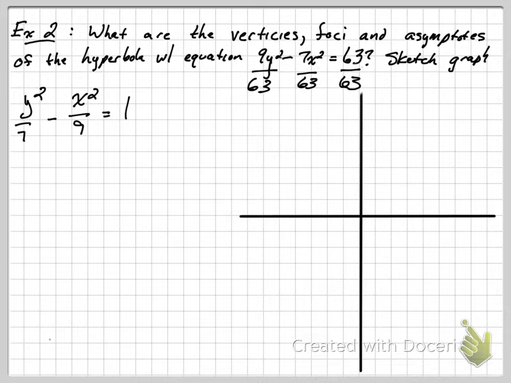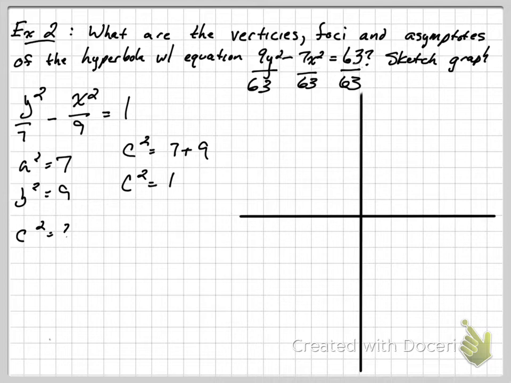So now we have a squared, which is 7, and b squared, which is 9. I need to know what c squared is. So again, Pythagorean theorem-ish, c squared equals 7 plus 9, which is a squared plus b squared. c squared equals 16. Square root both sides, c equals plus or minus 4.